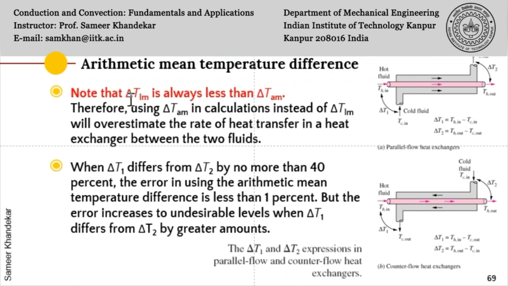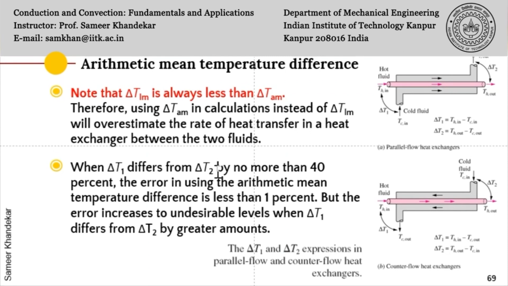So the delta T_LM, the LMTD, will always come out to be less than delta T_AM, and therefore using the arithmetic mean instead of the LMTD will overestimate the rate of heat transfer in the heat exchange between the two fluids. So in reality, you will suffer because you will not actually get that much heat transfer which you have estimated because of using the arithmetic mean rather than the logarithmic mean.